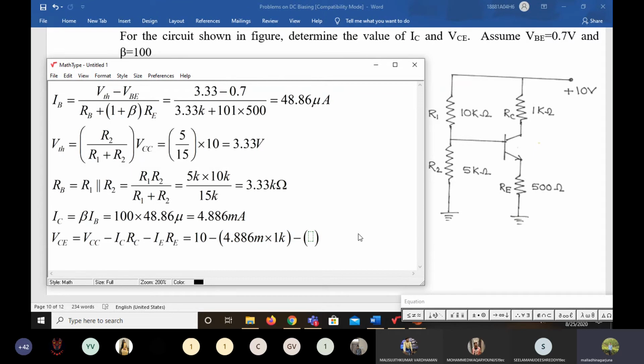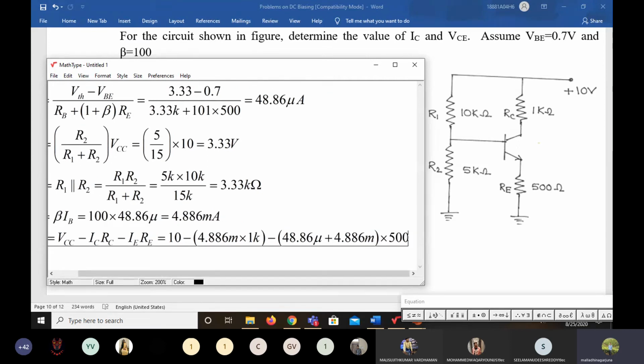IE is nothing but IB plus IC, where IB is 48.86 micro plus IC is 4.886 milli, into the RE resistor, which is 500 ohms.